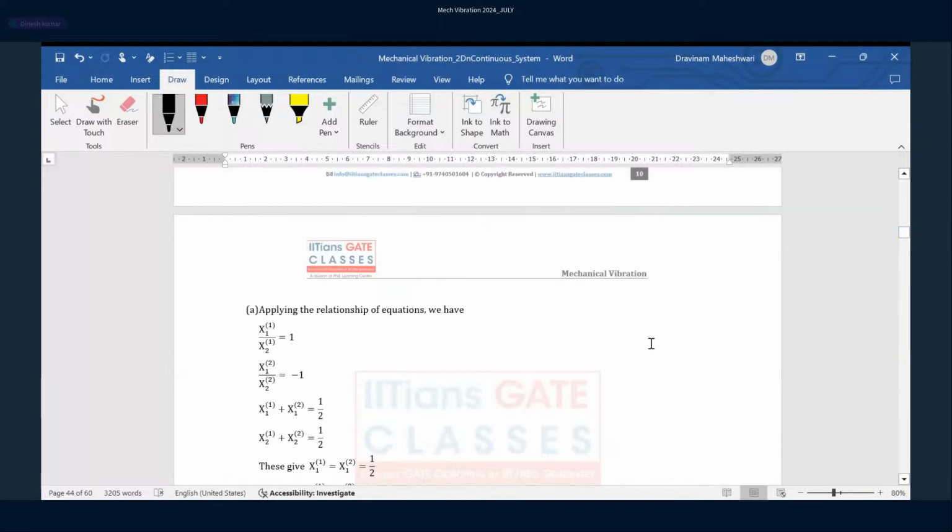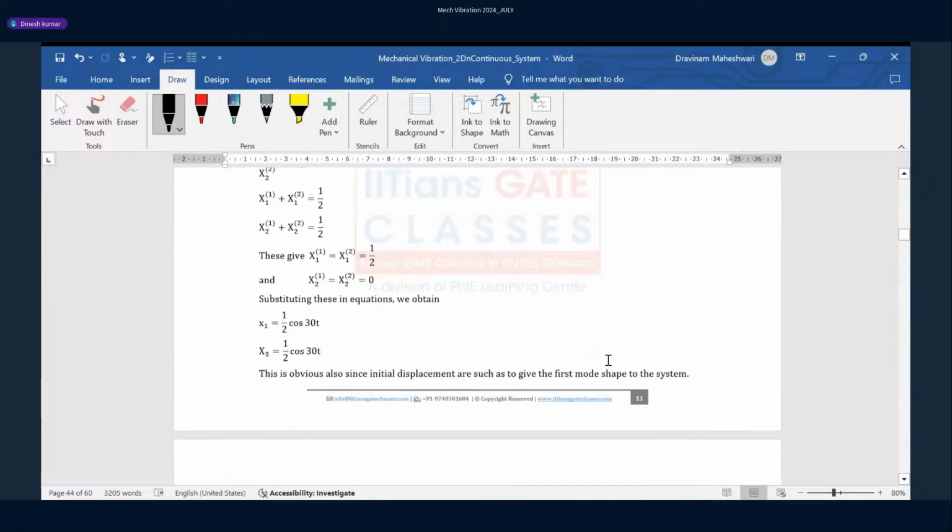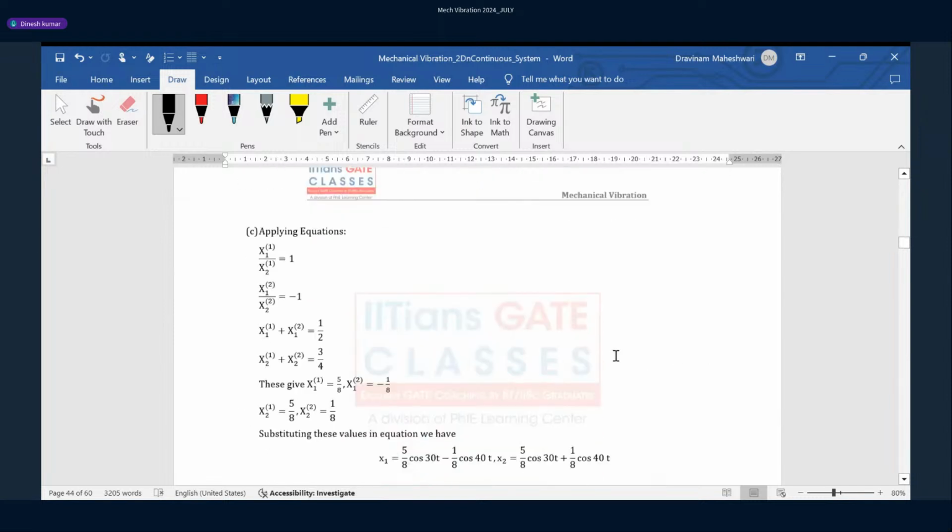The condition C. Now, Sahil, you can see in this case, they have given 1 by 2 and 3 by 4. What happened? We got a linear combination, right? Neither is it in first mode nor in second mode. Clear?